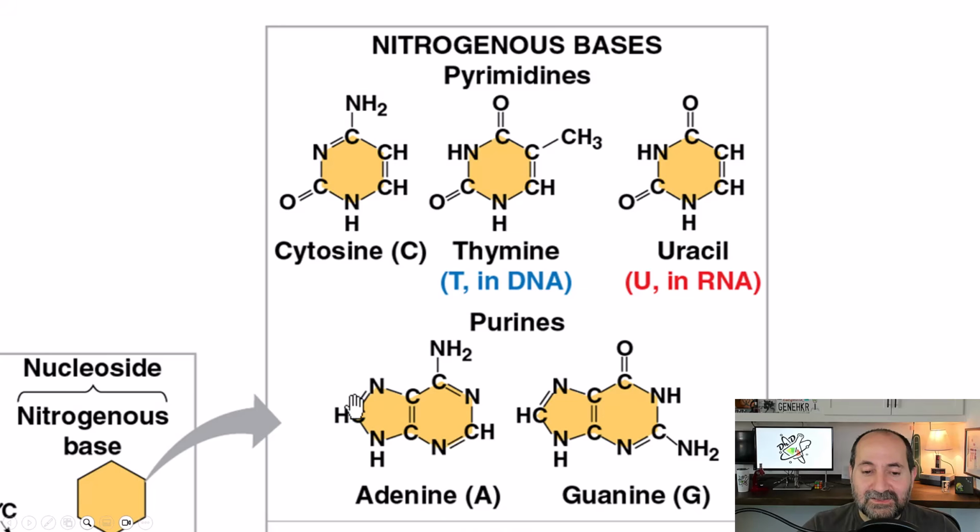And notice how this nitrogenous base has 2 rings. And then it can also have a G, so guanine. That's this 2-ring structure here. So just to summarize, DNA nucleotides can have these 4 nitrogenous bases. They can either have a C, a T, an A, or a G.